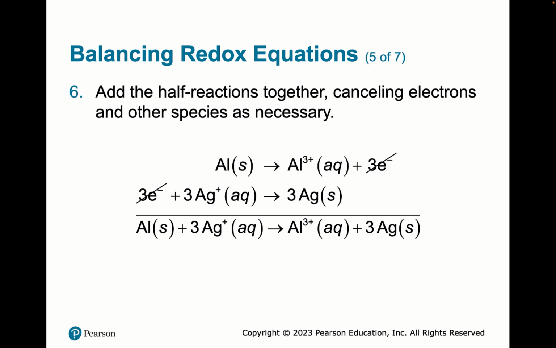Now when we go through here, you add these chemical equations up, and you actually have a 1 to 3 molar ratio between the aluminum and the silver. This is because the aluminum generates 3 electrons and the silver only consumes 1 electron. So this is now balanced. You typically only have to do this in oxidation reduction reactions. You don't have to worry about this in general.